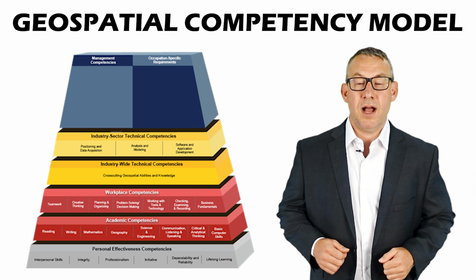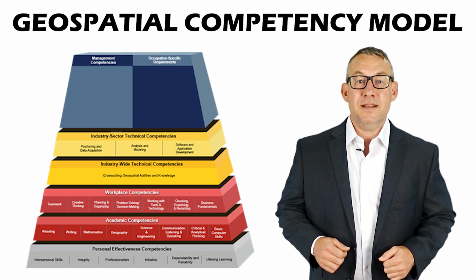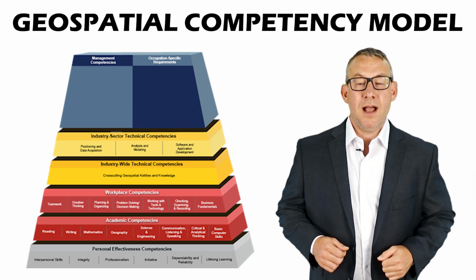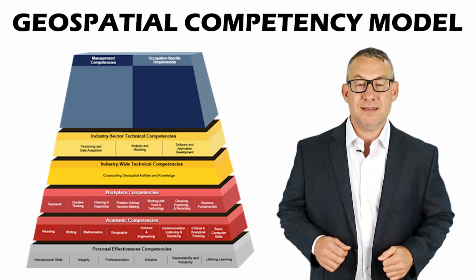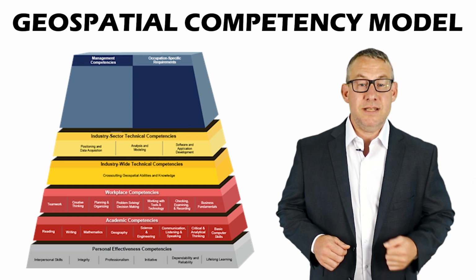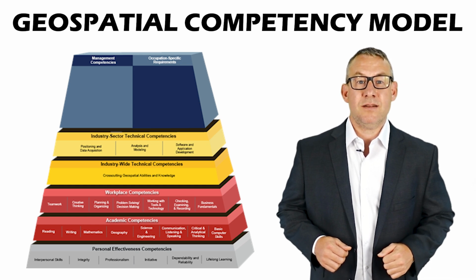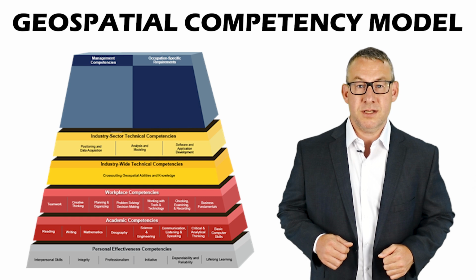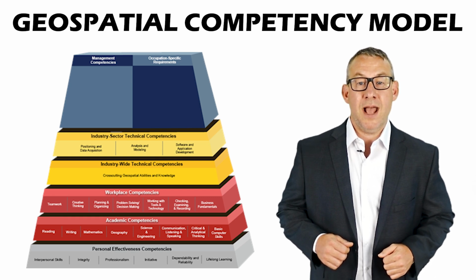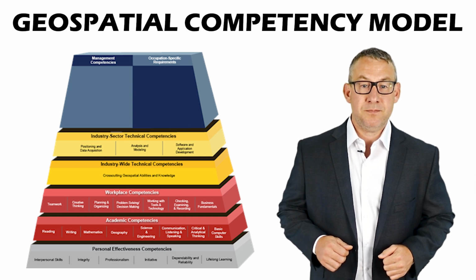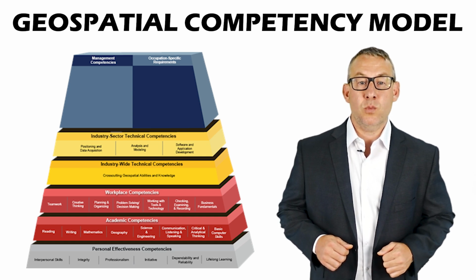The Geospatial Competency Model. The Geospatial Competency Model identifies a set of core and sector industry geospatial abilities. The Geospatial Competency Model identifies 40 critical work functions GIS professionals are commonly expected to master and use in their careers, and the background knowledge on which these critical work functions are based.